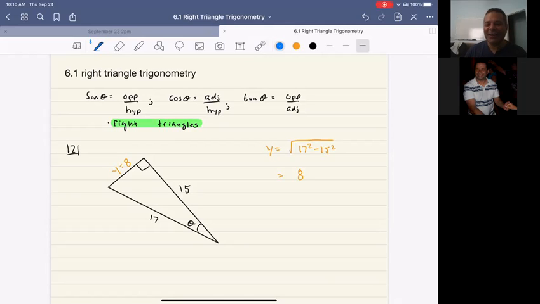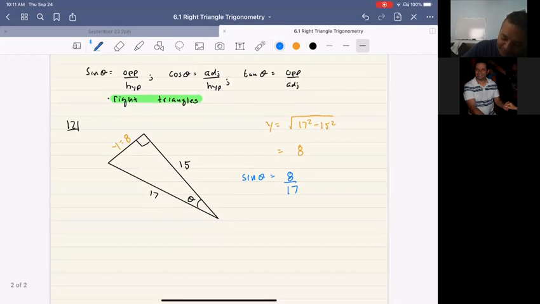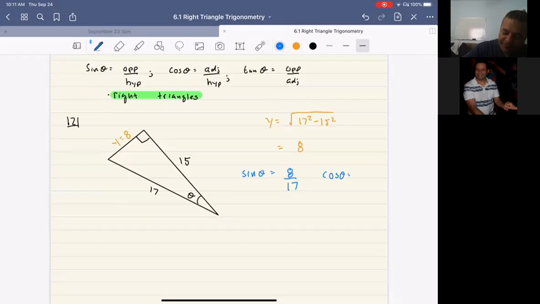So we've got to find the six trigonometric functions. Sine of theta is, of course, opposite over hypotenuse, 8 over 17. Cosine theta is adjacent over hypotenuse, 15 over 17.